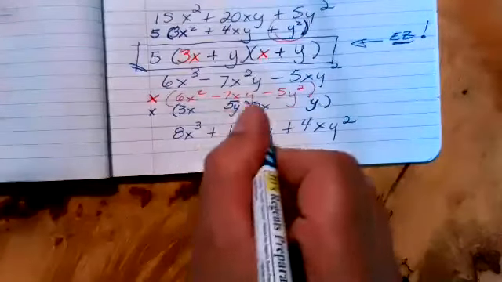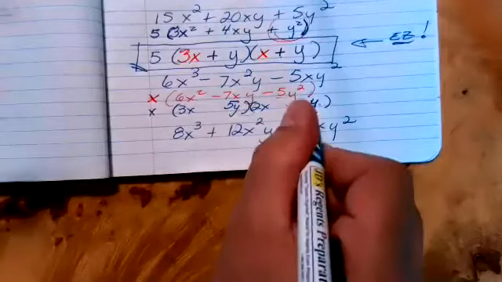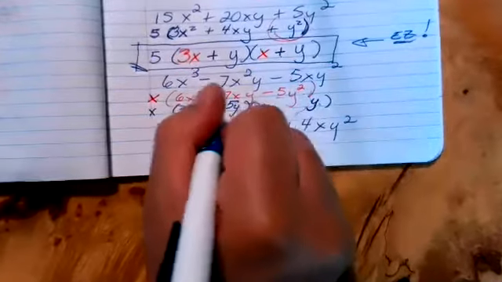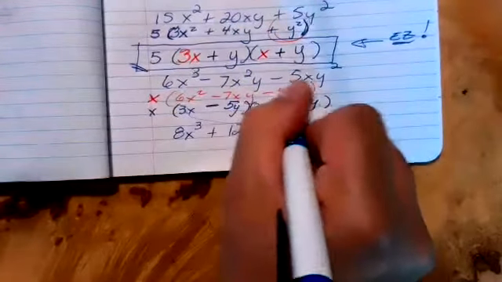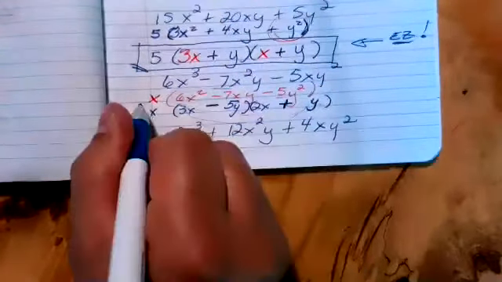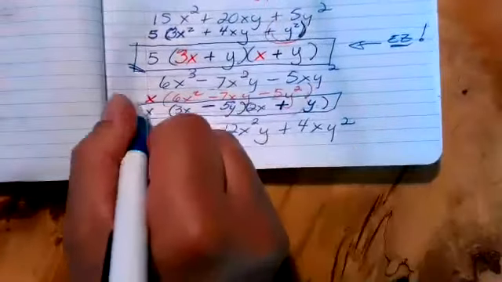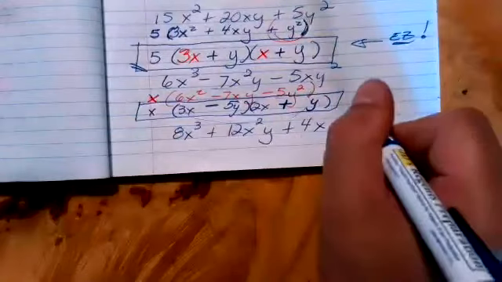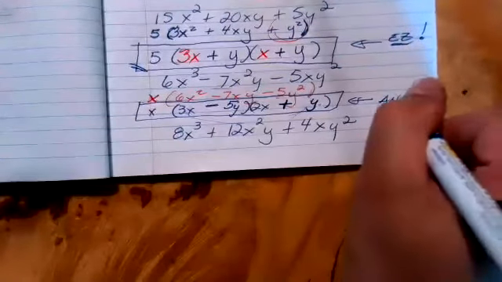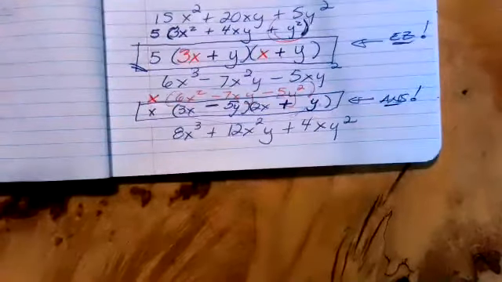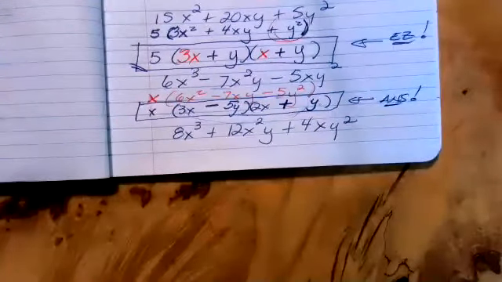This gives me 10xy, and this gives me 3xy. So a negative 10 and a positive 3 will give me the 7 I'm looking for. My inners and outers have to give me that B term. So my final answer is x, 3x minus 5y, 2x plus y. Not so bad, that one.